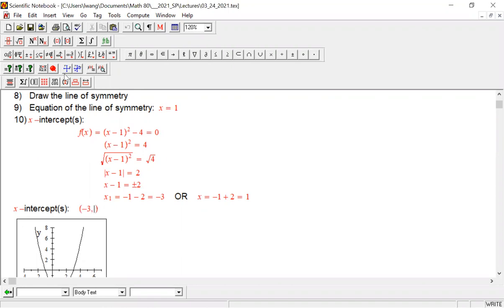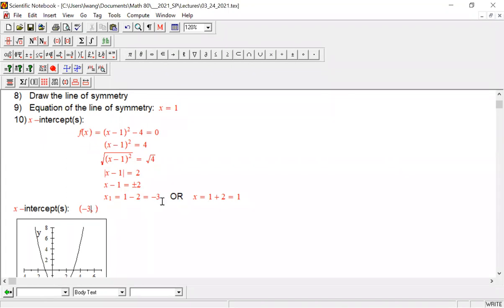wait, I think I made a mistake. I made a mistake somewhere. It's a positive 1. I'm sorry, it's a positive 1. What a bummer. So positive 1, because I'm going to add a 1 on both sides, not a -1. So 1 minus 2, 1 plus 2. Sorry about that.